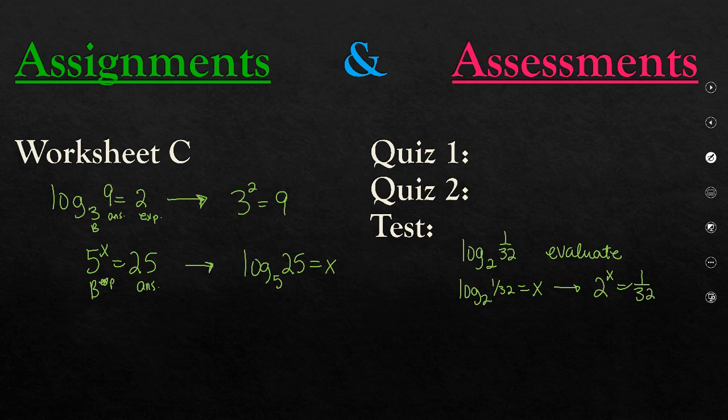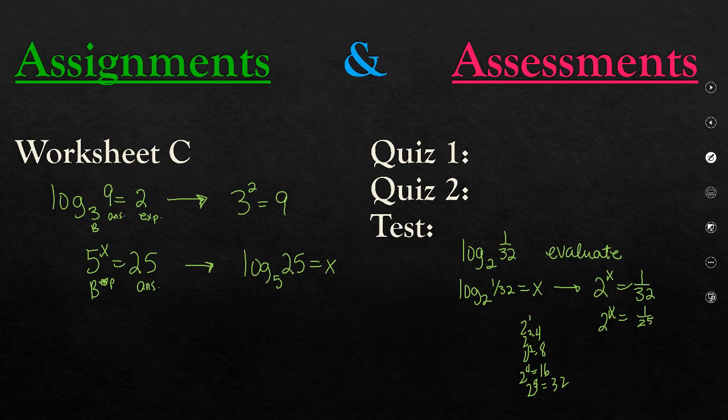Now I know that when I look at my powers of 2, 2 to the first, 2 squared is 4, 2 to the third is 8, 2 to the fourth is 16, and 2 to the fifth is 32. So I can rewrite this as 2 to the x equals 1/2 to the 5th power.